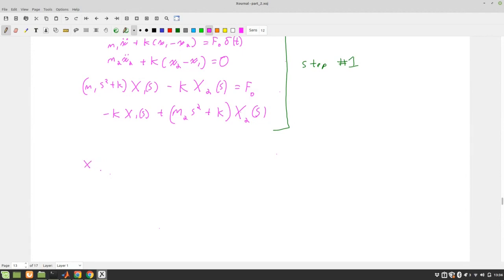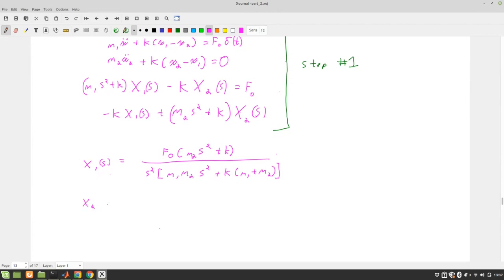I have x1 of s is equal to f naught times m2 s squared plus k, and that's on top. And then on bottom is s squared times m1 m2 s squared plus k times m1 plus m2. Right?